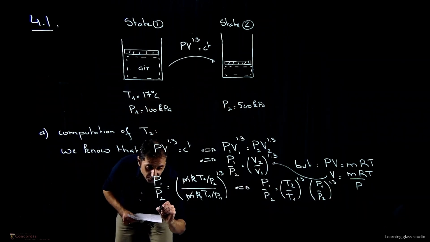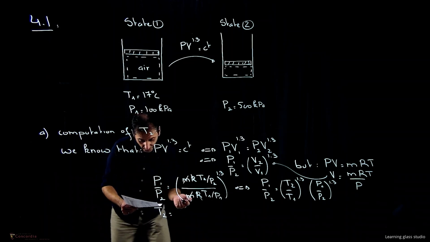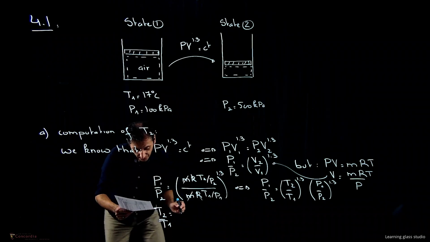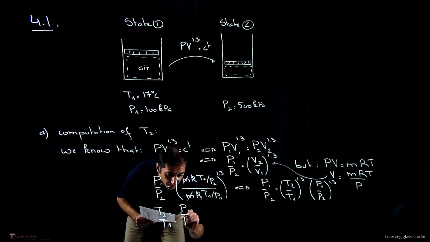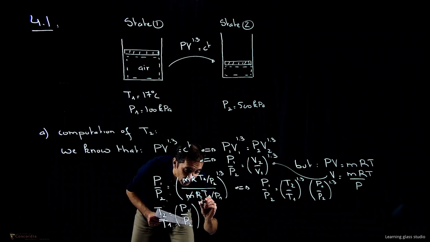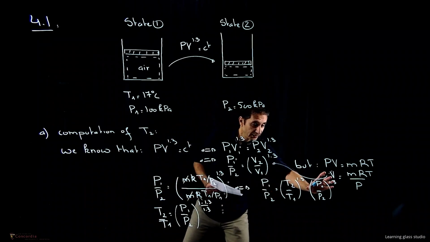So this will give us T2 is equal to, I will write it as T2 over T1 first, (P1 over P2) exponent (1 minus 1.3) over 1.3, right? So we brought this here, okay?